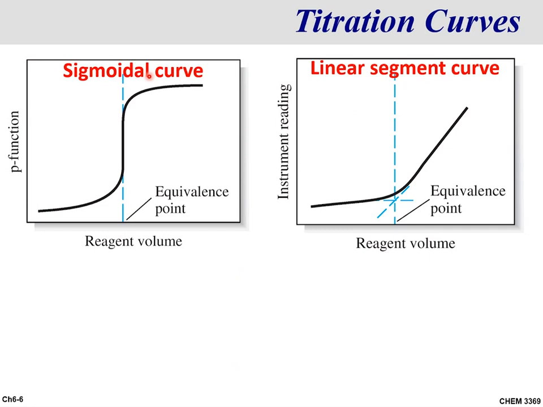However, the linear segment type might sometimes be useful. An example where the linear segment curve is more advantageous than the sigmoidal curve is when the reaction is complete only in the presence of a considerable excess of reagent or analyte.